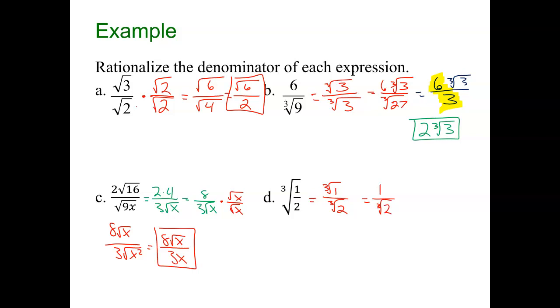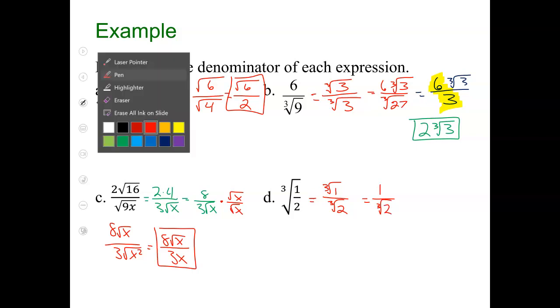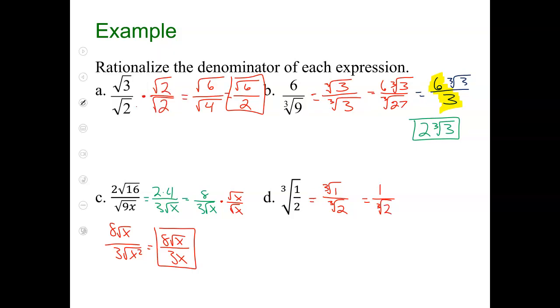What can I multiply 2 by so that it becomes a cube? Cube root of 4 over the cube root of 4. What is the cube root of 8? So I have the cube root of 4 over 2.